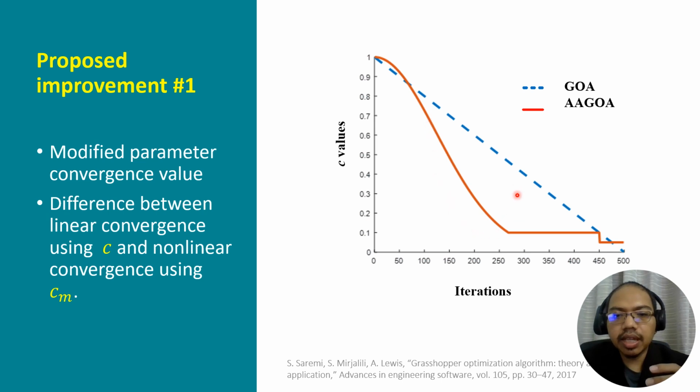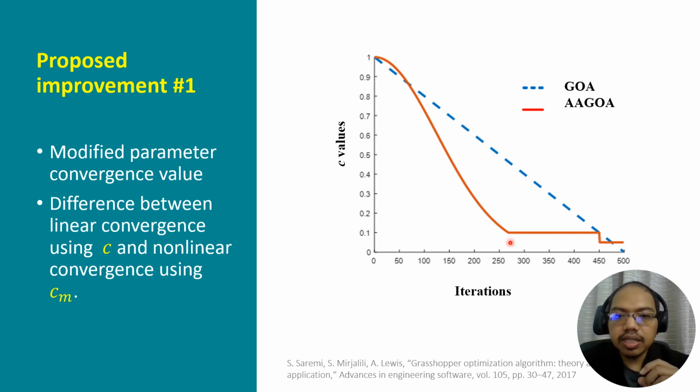So that's why we can see here the C value is slightly below the value of the linear method. So here it gives the algorithm some time to search for any solution that might produce a better solution, and usually at the end of our iteration, the algorithm has found a potential value that it can converge to.